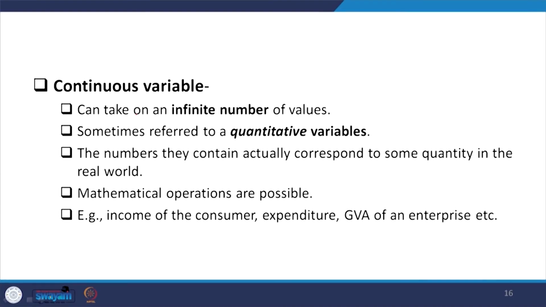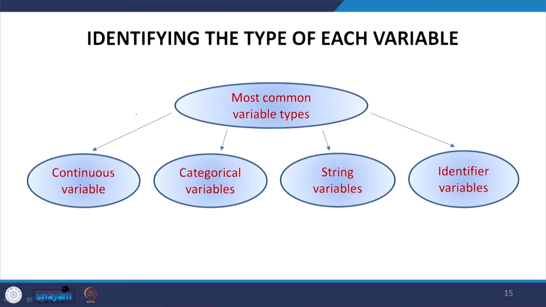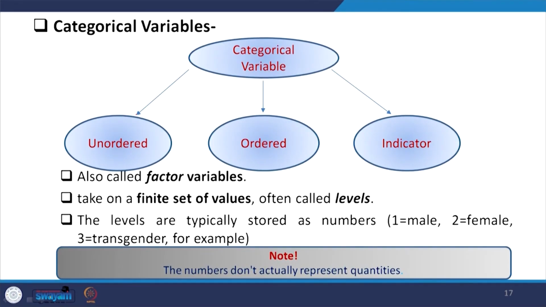Those are also referred to as quantitative variables, and the numbers they contain correspond to some quantity in the real world, and mathematical operations are possible because these are continuous and quantitative in nature. Some examples we already discussed, like income of the consumer, expenditure, gross value added of an enterprise, etc., are called continuous variables.